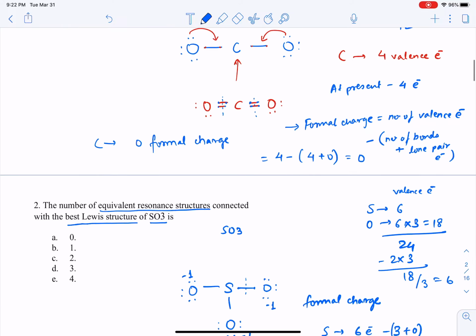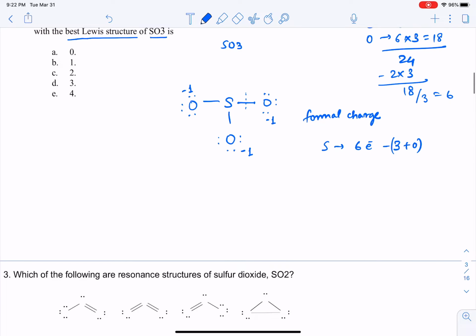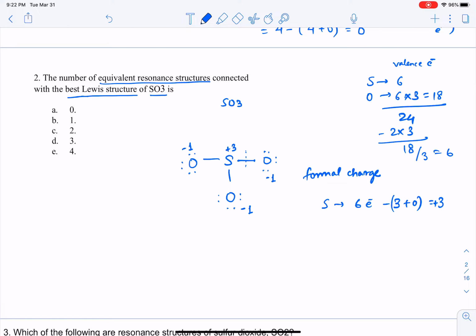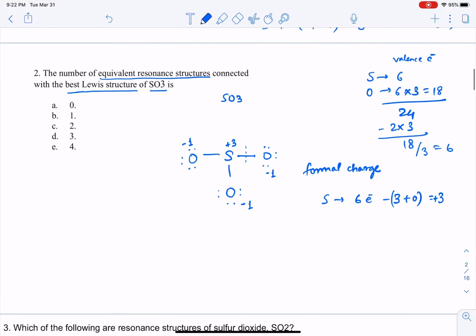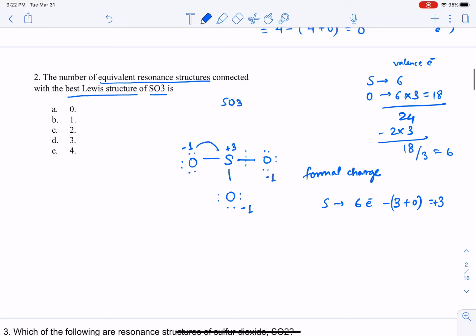So you have +3 charge, so it has a positive charge. But the overall charge is still 0, you can see +3 and -1 three times. We don't want any formal charge, the least formal charge on any of the elements. So what we can do is form a double bond over here.